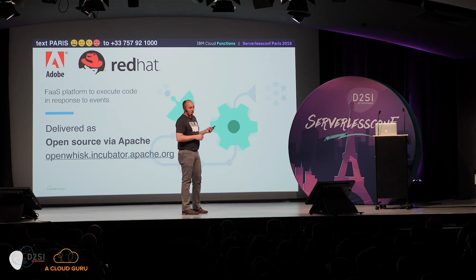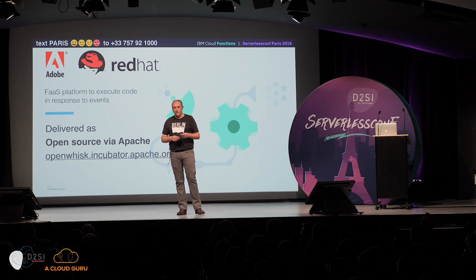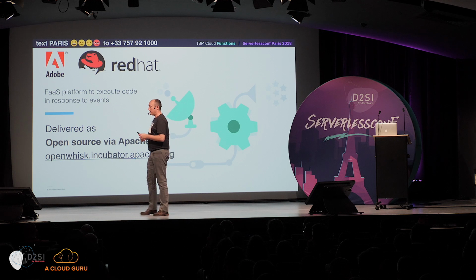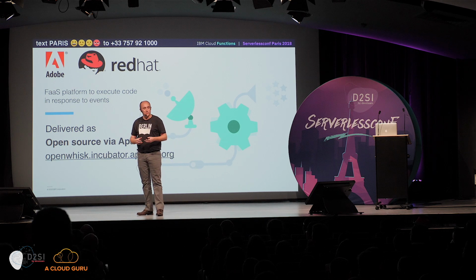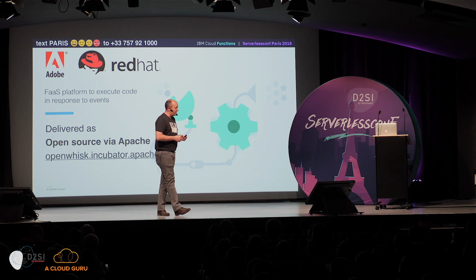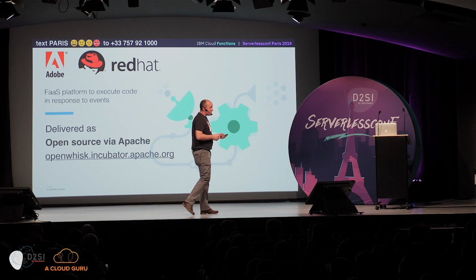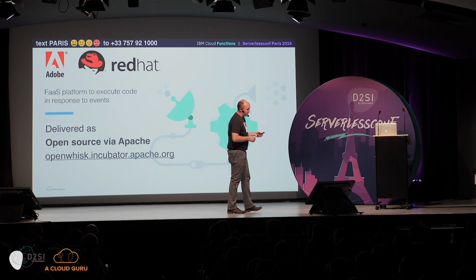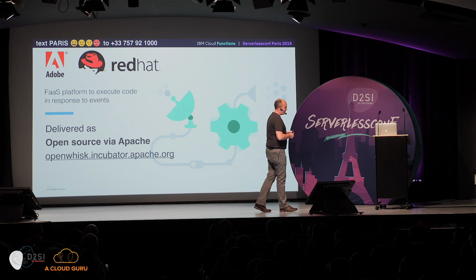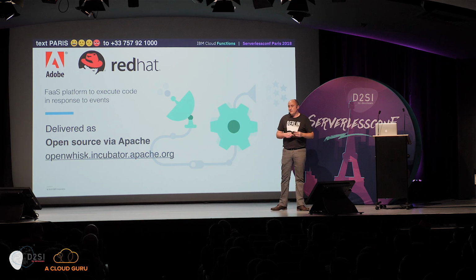I was talking about Apache OpenWhisk. So like 2 years ago, maybe when we started this project and we released it, we called it OpenWhisk. And at some point we thought it will make sense to donate all this to the Apache Foundation to have an open source function as a service platform, which is what happened. We got partnership with Adobe, Red Hat, who are using also this platform to build on top of it.